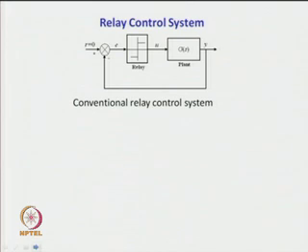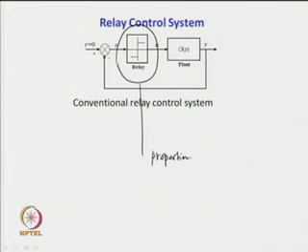What is a relay control system? The proportional gain has been substituted by a relay. Earlier we had a proportional controller here, and the gain of the proportional controller was changed gradually till some sustained oscillatory output is obtained from the closed loop system.